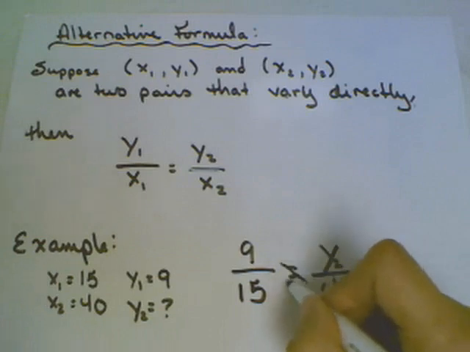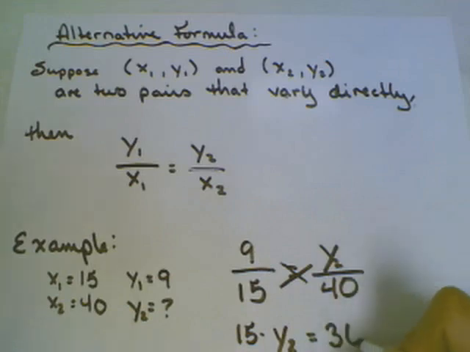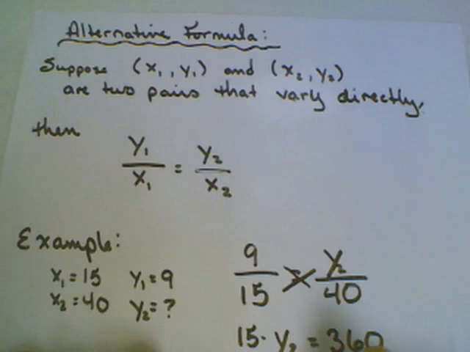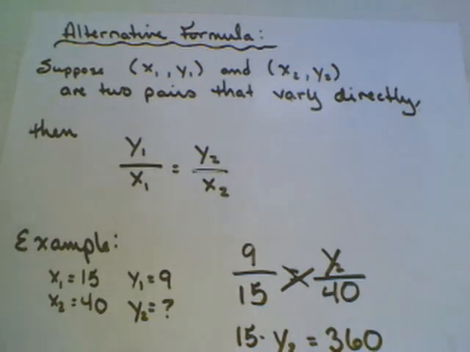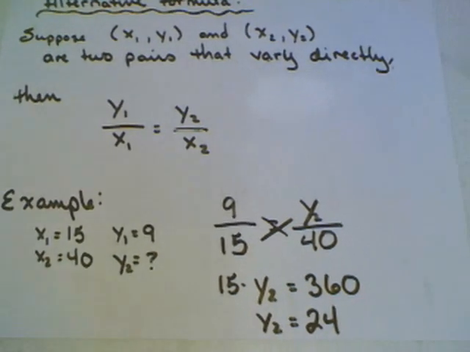Then if I solve this proportion by cross multiplying, 15 times y2 is going to equal 9 times 40, which is 360. If I then divide by 15, y2 becomes 24.